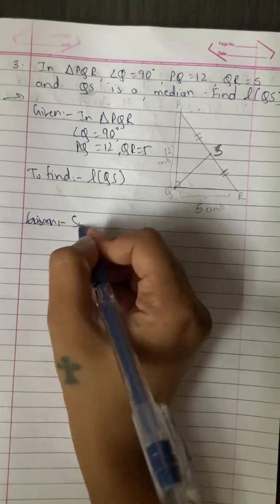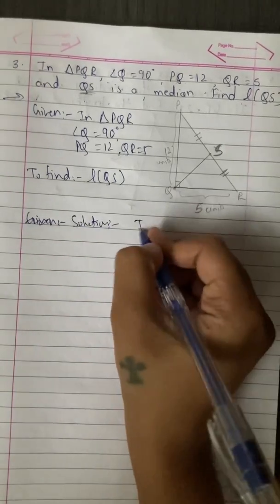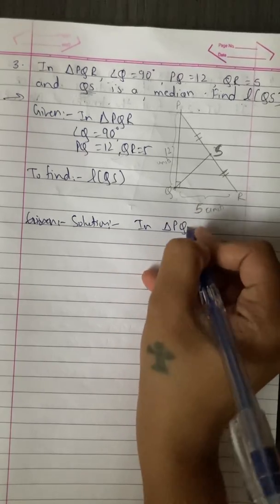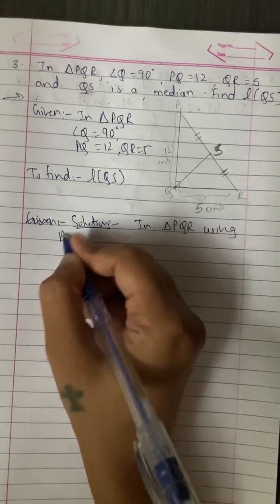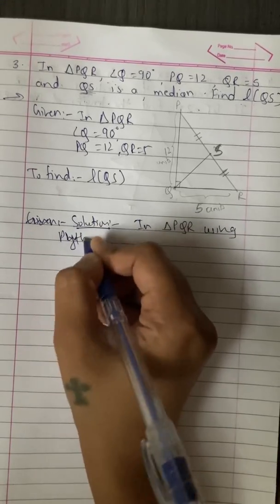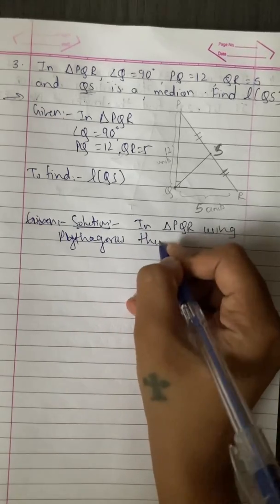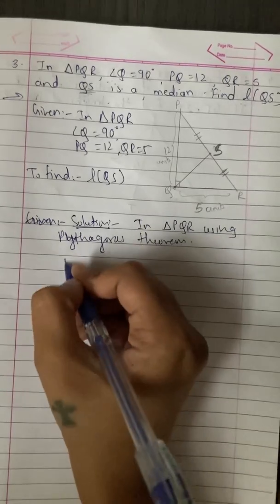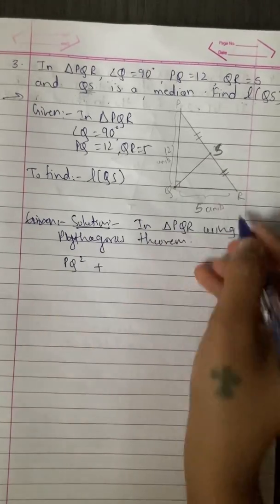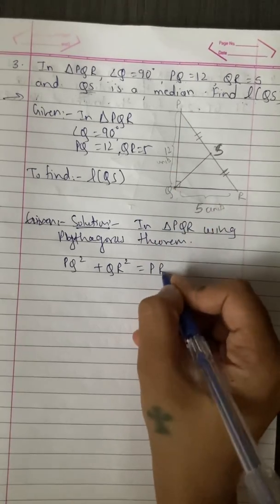So the solution I'll start writing over here. Alright, so in triangle PQR, using Pythagoras theorem. What is the Pythagoras theorem? PQ square plus QR square is equal to hypotenuse square, which is PR square.